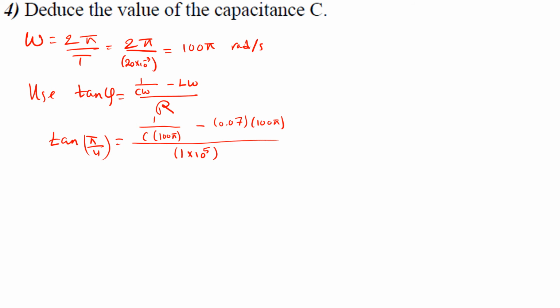We multiply by 1000, or 10 to the power of 3. Now doing the calculations and simplifying, you will get the value for C as 32 times 10 to the power of -9 farad, or we can say C is equal to 32 nanofarad.